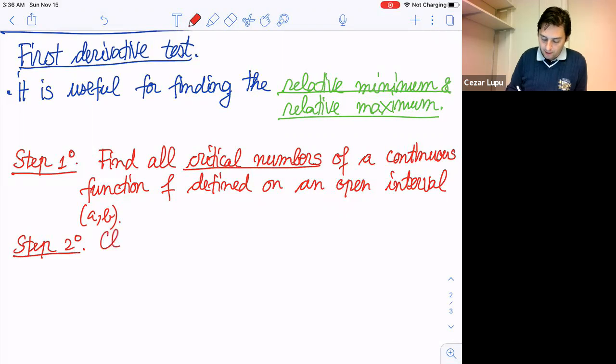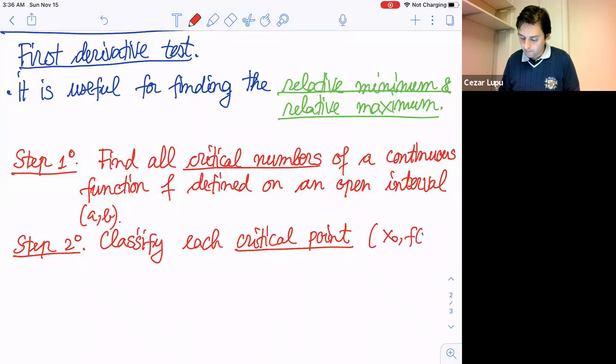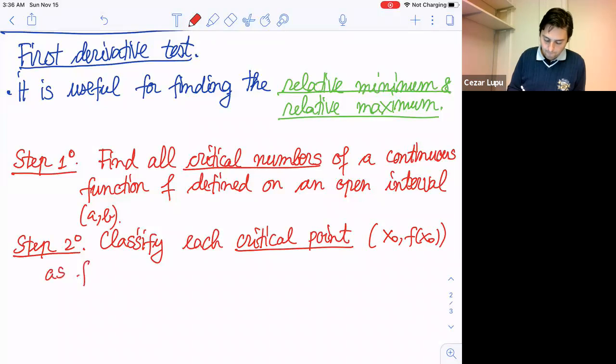We need to classify each critical point, let's say x naught, f of x naught, as follows. Okay, and here we have something.